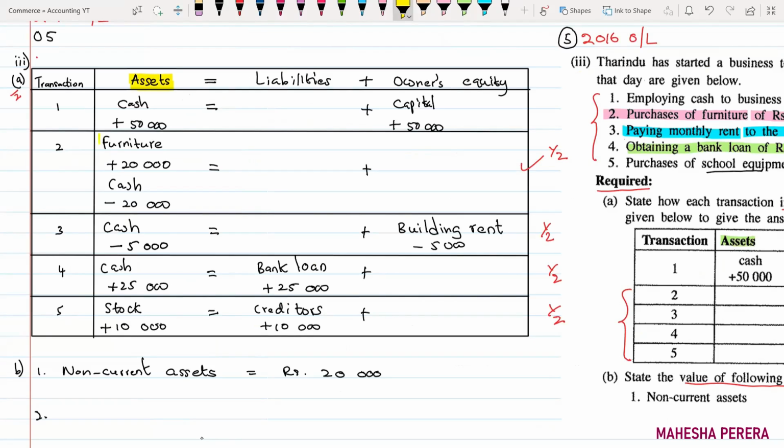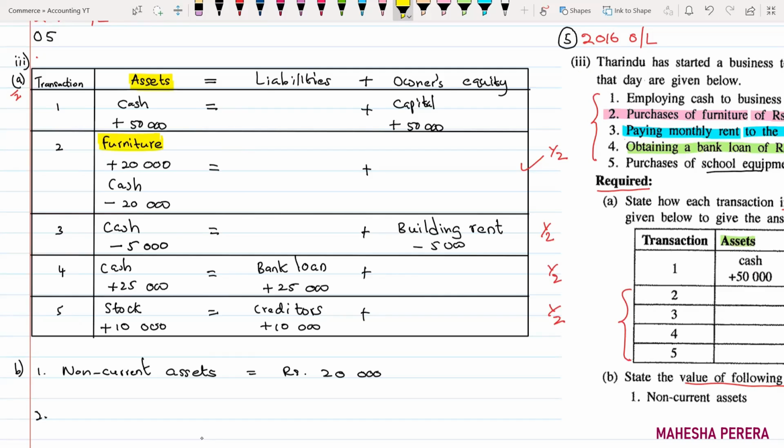We have only one non-current asset. It is furniture. So you should know what are non-current assets and what are current assets. If not, just refer to chapter 4 theory. So all we have is furniture. So the value of furniture is 20,000. So you can simply write your answer like this. Non-current assets equal 20,000 rupees. This is your answer.